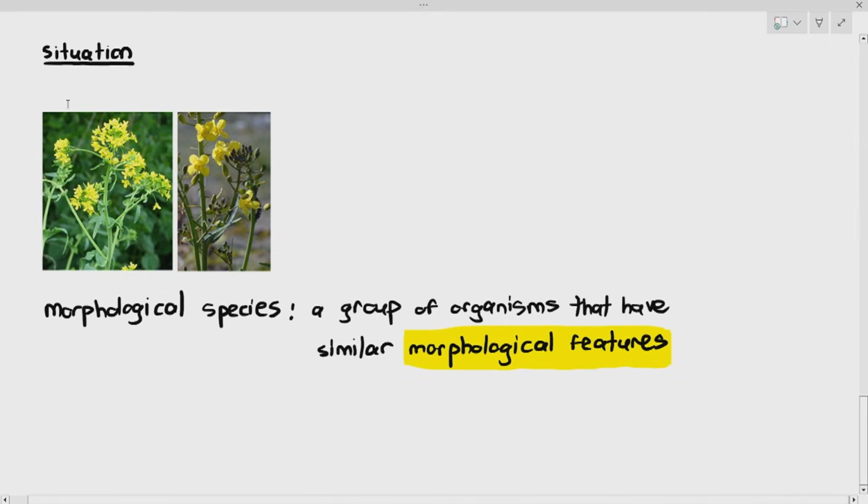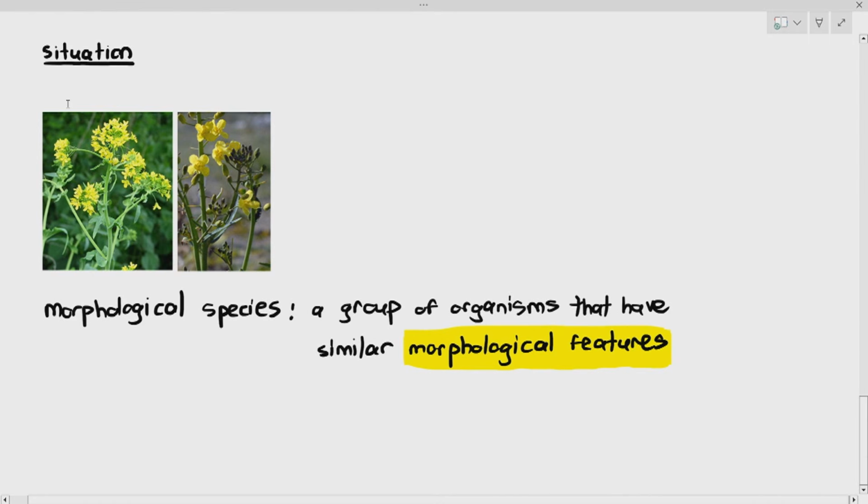I have two different plants over here, one on the left and one on the right. Do you think they are the same species? We cannot use the biological species definition over here, obviously, but we can use the morphological species definition because they look quite similar to each other. Based on the flowers, they don't really look similar, do they?